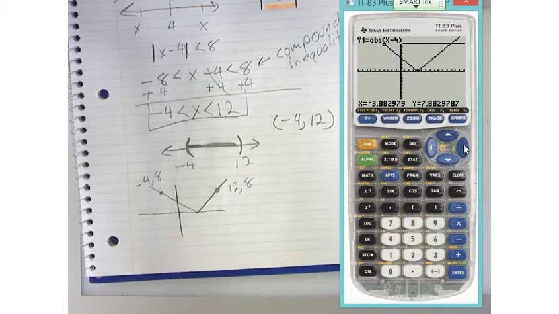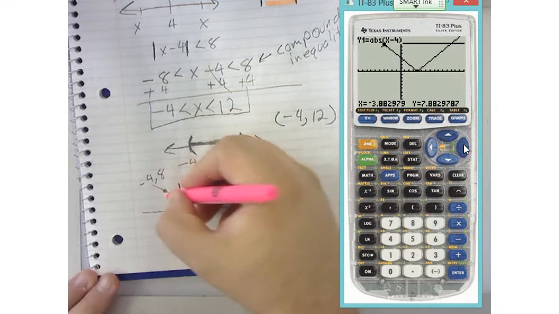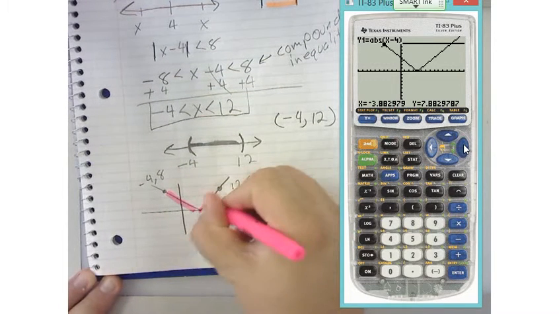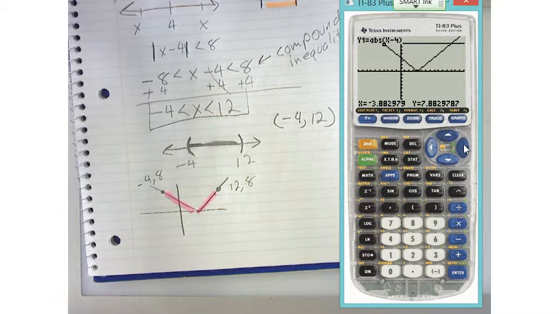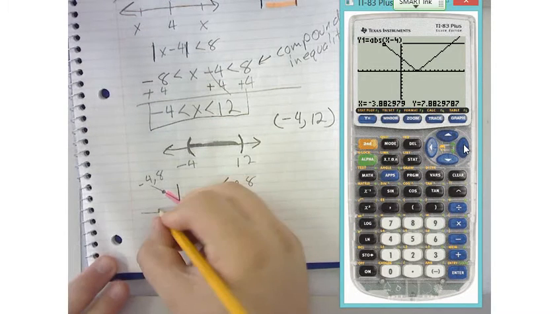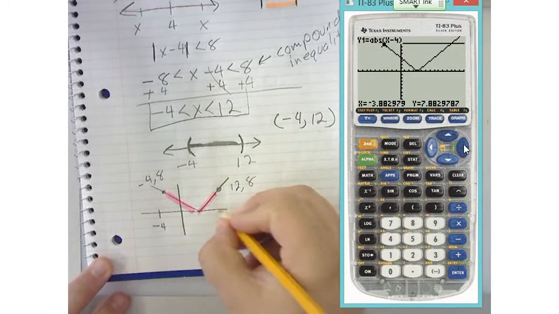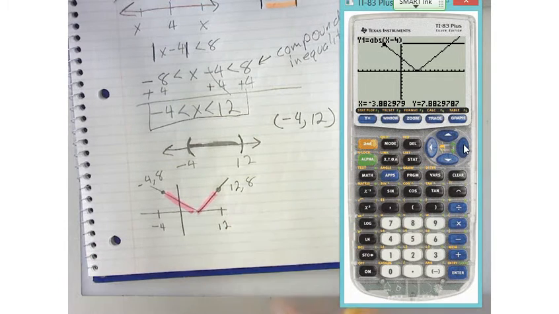And what values were we interested in? Just these values, which occurs between negative 4 and 12.